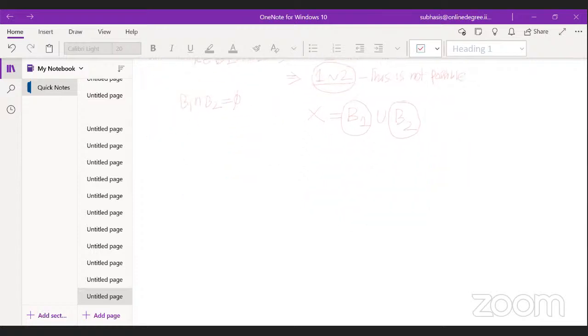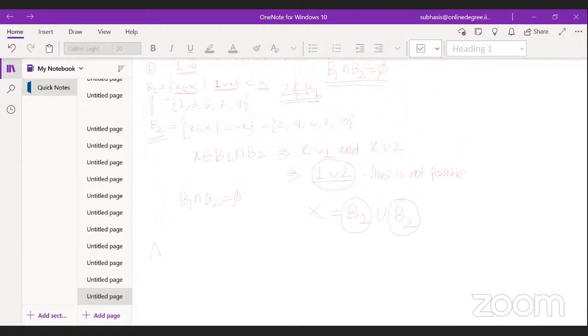So is this example clear? Now you got an idea how it is working, how the equivalence class is creating a partition.